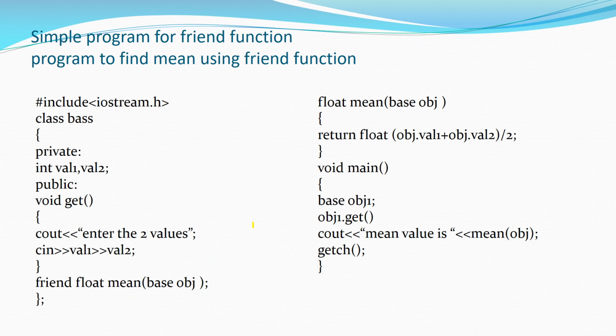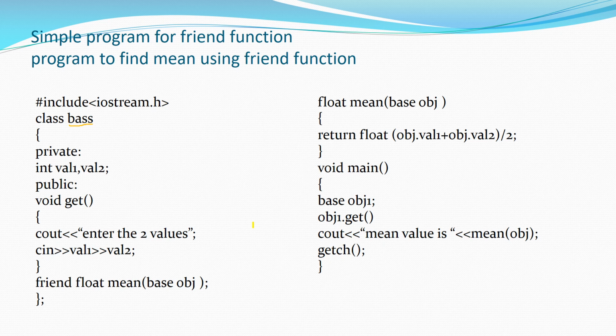Here we have a small example of a friend function. This is a program to find the mean value using a friend function, or I can also say I'm going to find the mid value of two given numbers. Here we'll take it as the mean itself. I have created a class called Inbase.